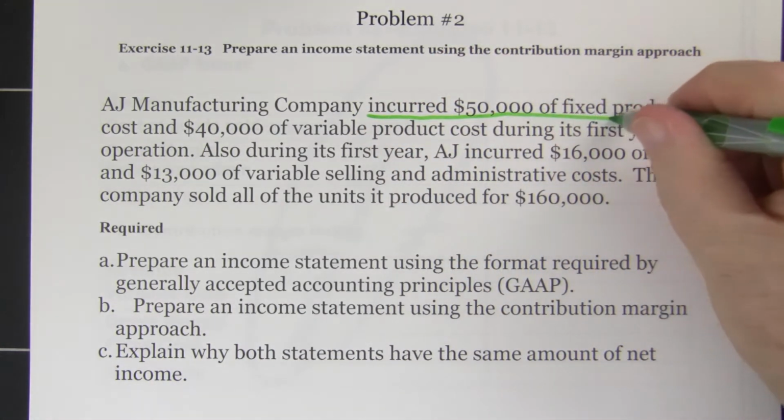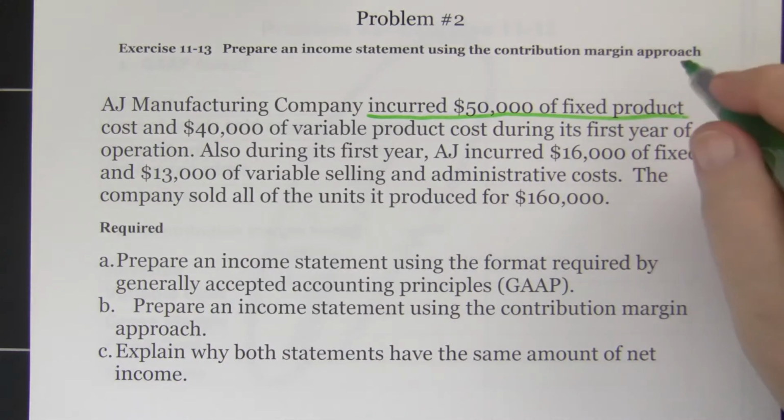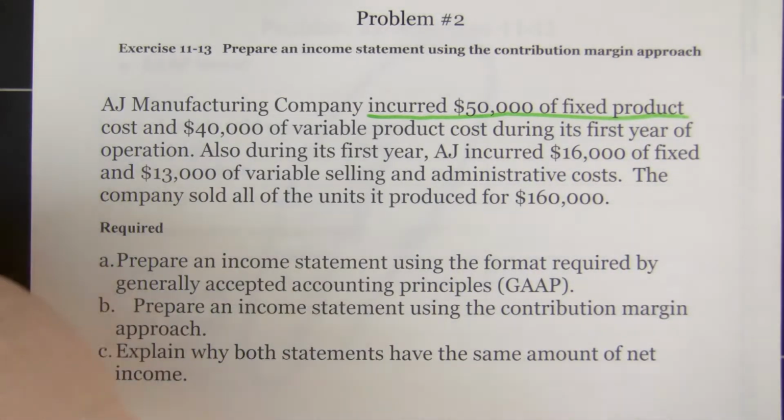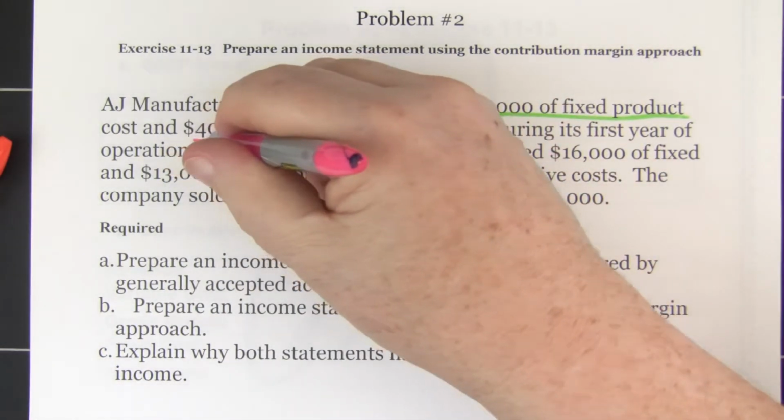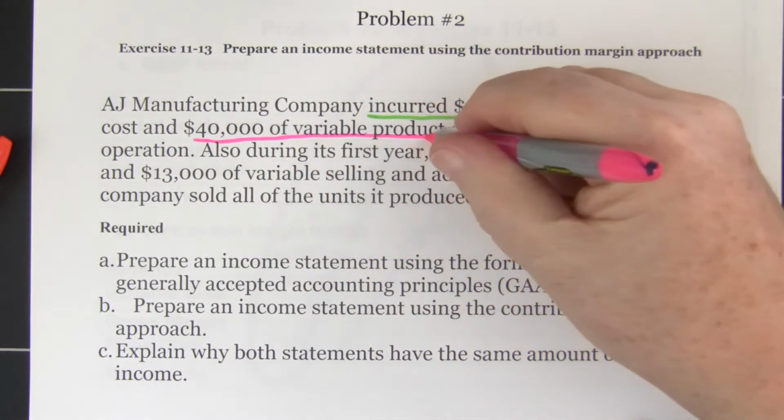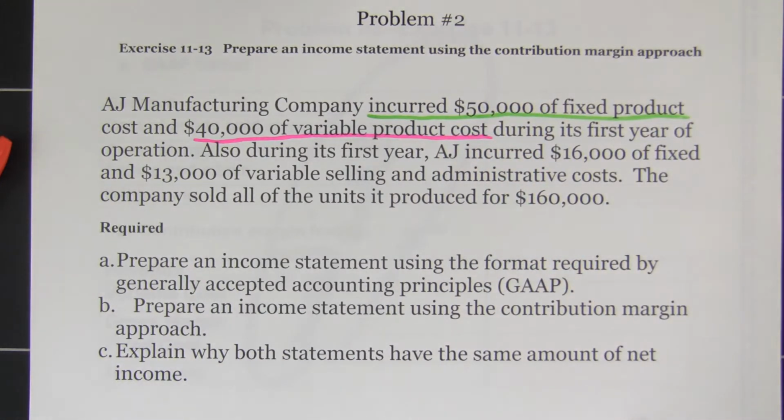incurred $50,000 of fixed product cost. They also incurred $40,000 of variable product cost during the first year.